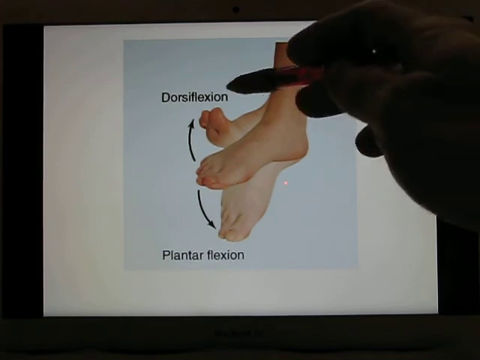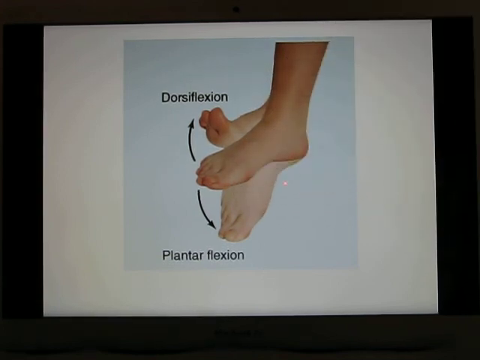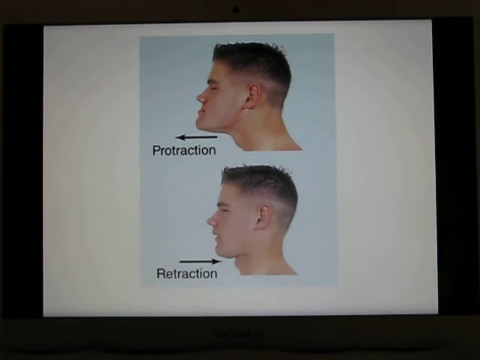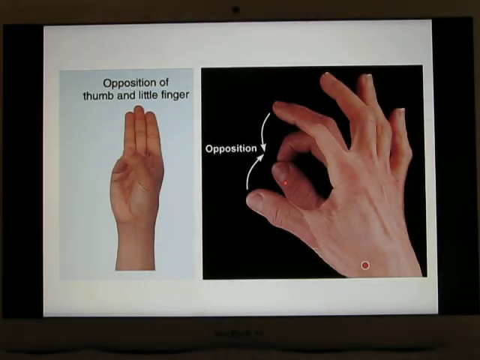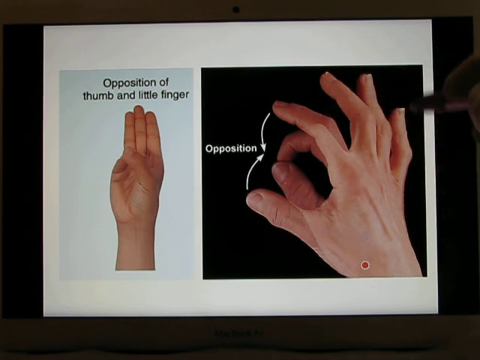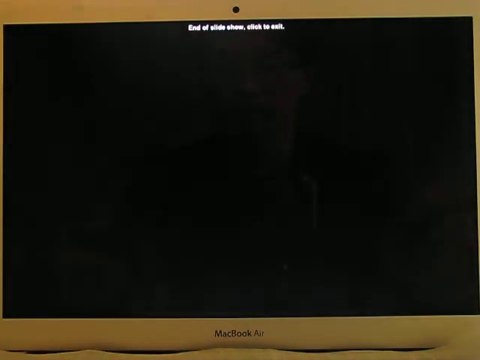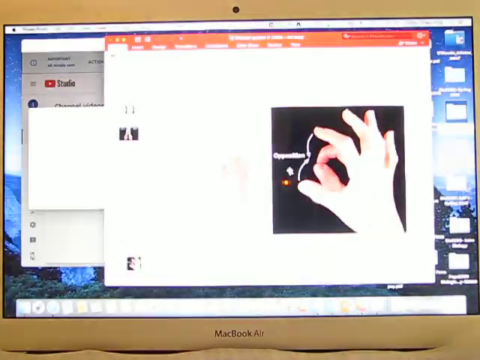And you have dorsiflexion, plantar flexion. And that's your jaw. You can do protrusion, retraction. And with your shoulder, you can do depression and elevation. This one is called opposition. The definition is you touch your thumb to the other fingers. That's called opposition. Okay, that's it.